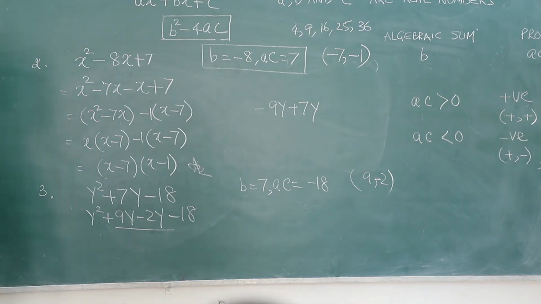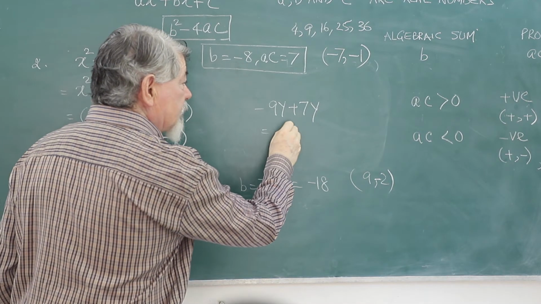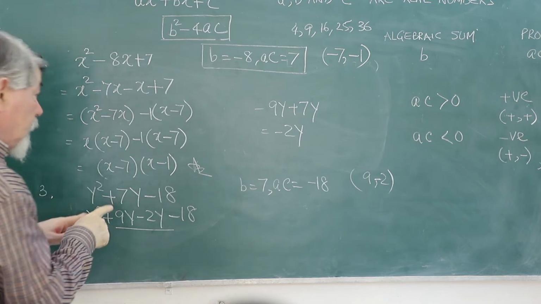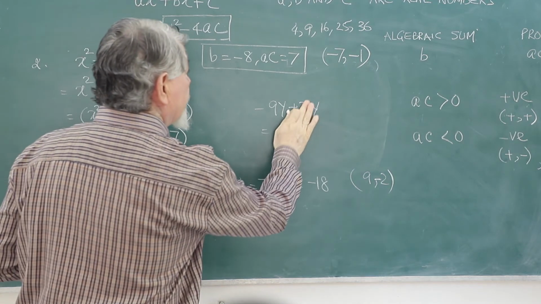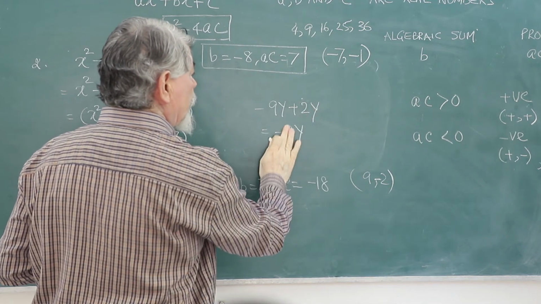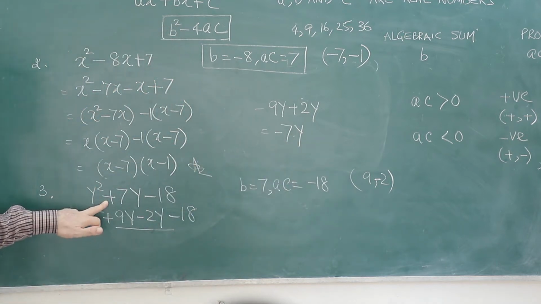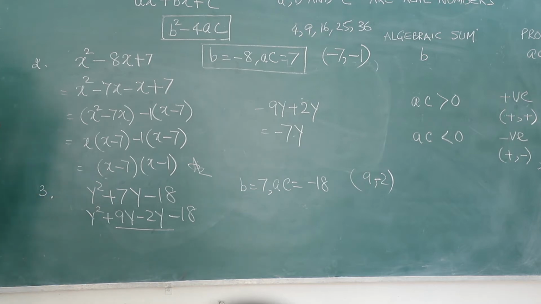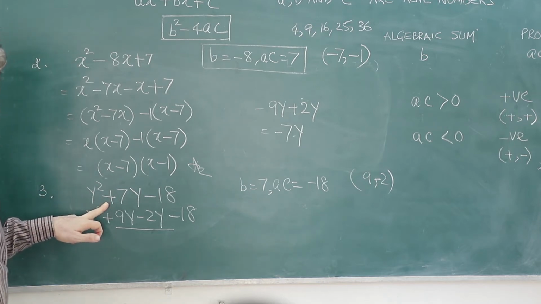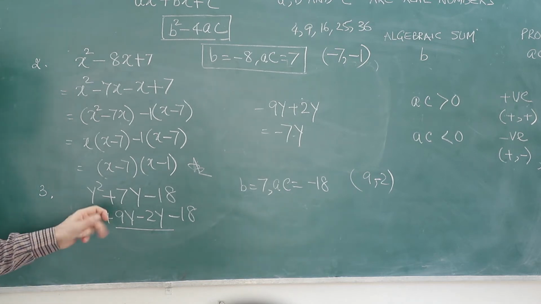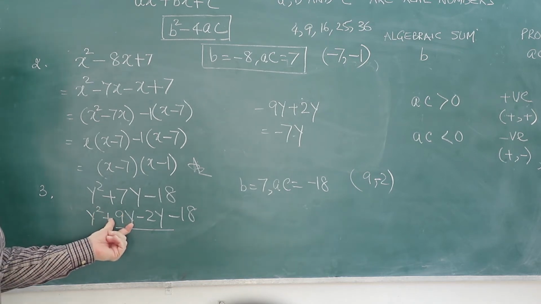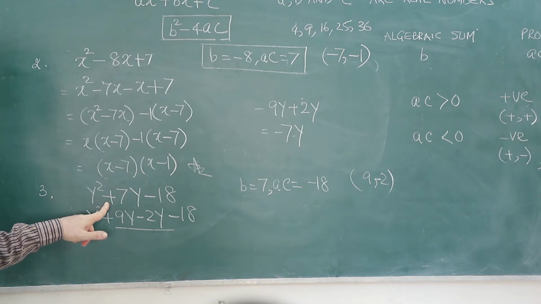Minus 9y plus 2y will give me minus 7y, and I did not write it because I want to get the plus term here. So you have to keep it in mind, what do you want to get, plus or minus? If you want to get plus, then the bigger term should be first, like 9y, and if it was minus, then it could have been changed.